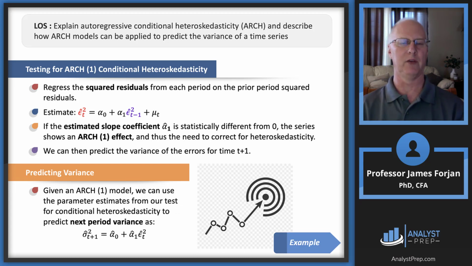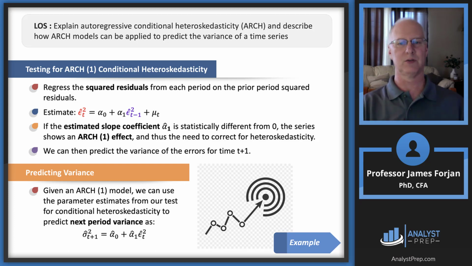I mean, all we do is regress the squared residuals from each period on the prior squared residuals. So notice we put this equation in some different colors. There's our squared residuals in time period t, that's in red, and there are the squared residuals in time period t minus 1, that's in purple.